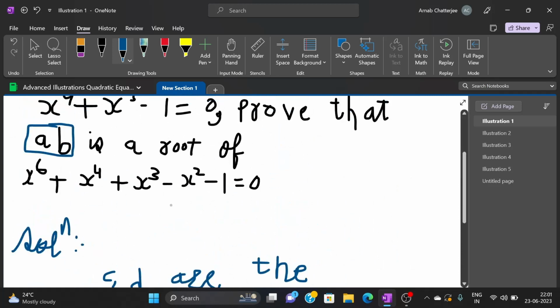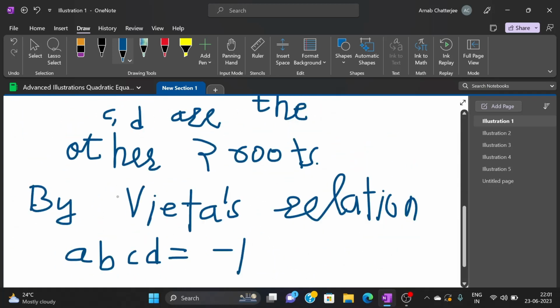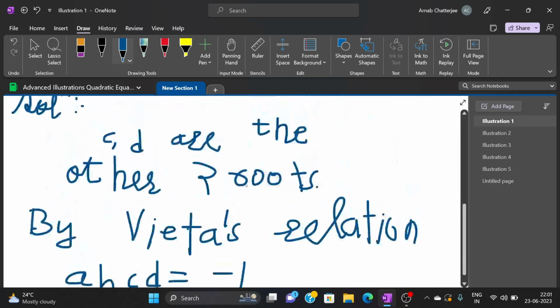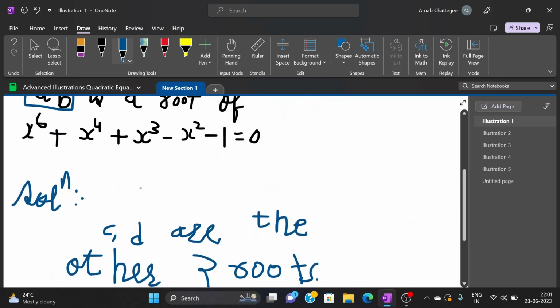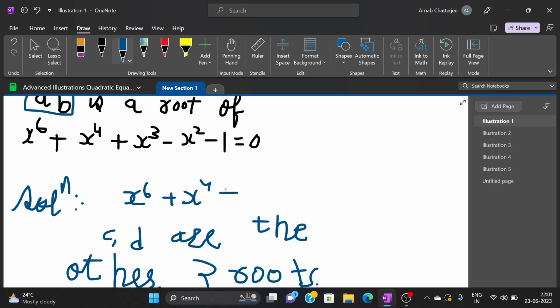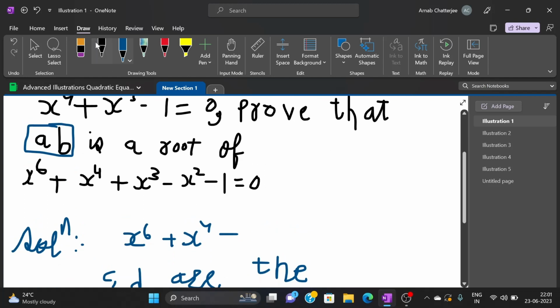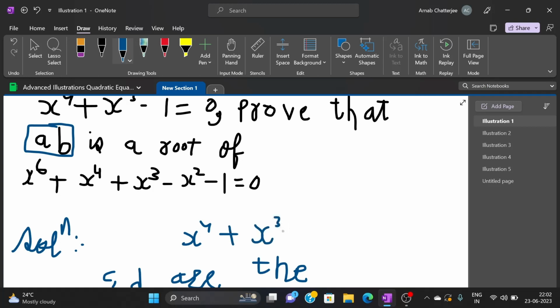Right? This was the given equation. Let me write down the equation also. The equation is x to the power 4 plus x cube minus 1 equal to 0. This is the equation whose roots are given to us.